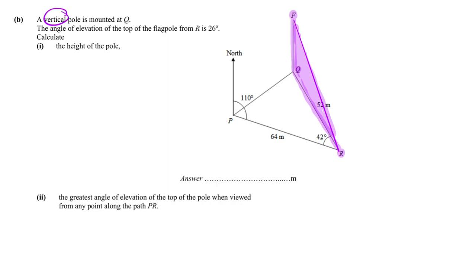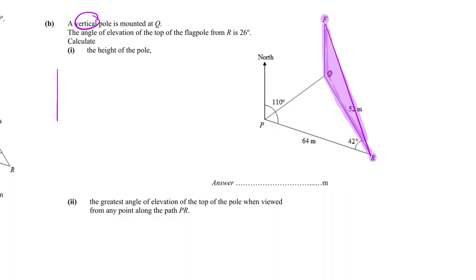This is in fact a right angle triangle F, Q, and R. With QR as 52, they give me the angle of elevation 26 degrees. Find the height of this pole, which is FQ. Yes, this is adjacent side.